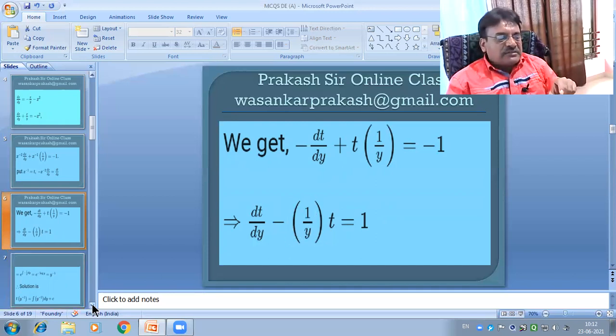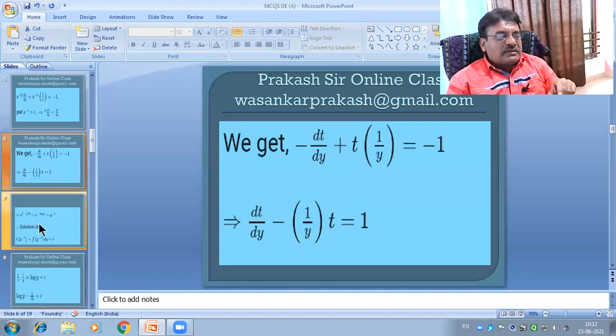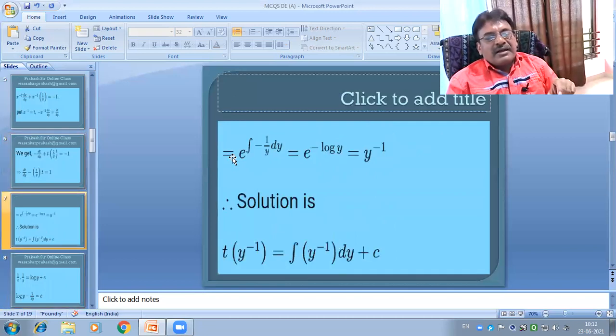So we use this and find the integrating factor IF, which is equal to e to the power integration of the coefficient of the middle term, minus 1 by y into dy. Therefore IF is equal to e to the power, this minus sign as it is, integration of 1 by y into dy, that is log y.